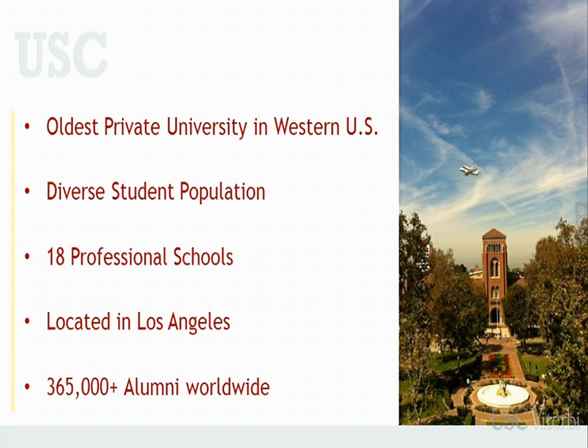You can easily jump on the metro line here and get to the western neighborhoods of LA or to downtown pretty quickly. And we do have a large alumni network. So we actually currently have 365,000 Trojans, and the alumni network is certainly an opportunity for you to expand career connections, personal connections as well.